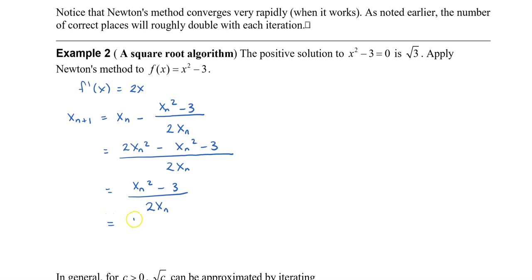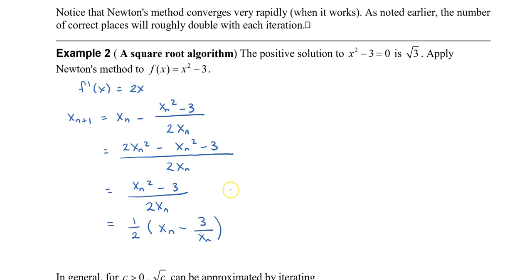And now I'm going to factor, so I get half. And when I divide over here, I'm going to have x sub n, and then on this side over here, I'm going to have 3 divided by x sub n.